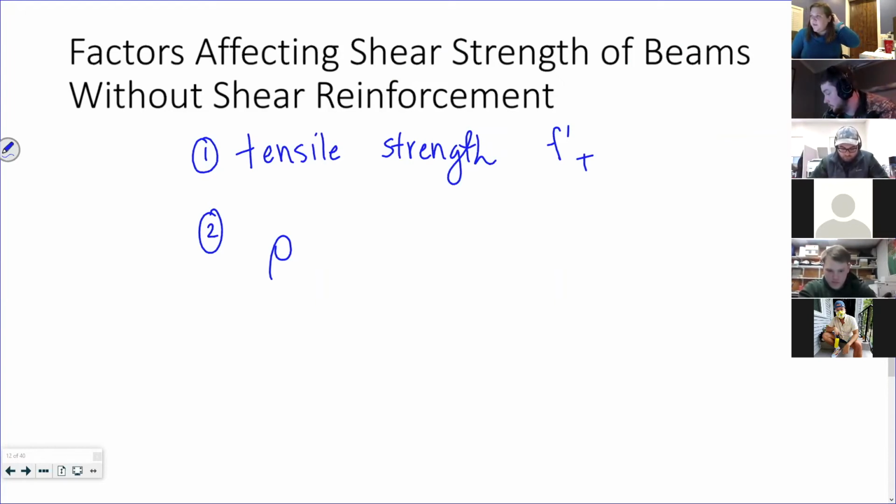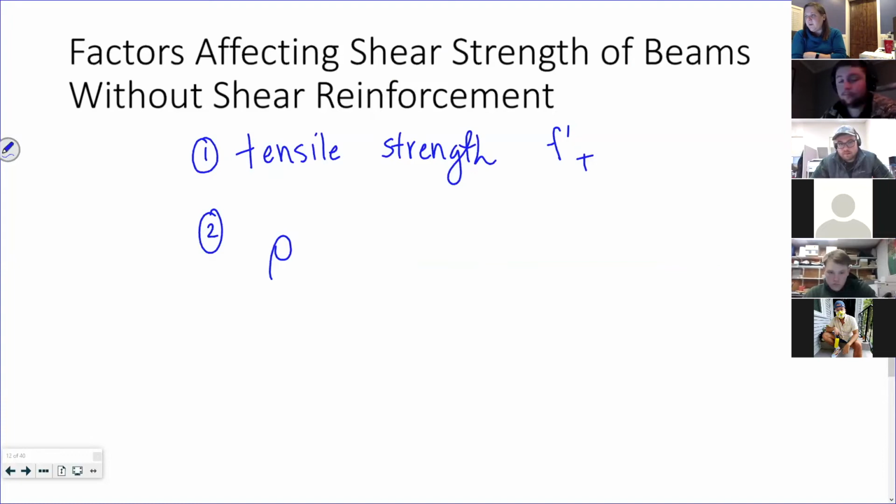So what we've talked about so far is the mechanics of why we need reinforcement, right? And how it fails. The big takeaways are shear cracks are going to be inclined because of the added shear stress in there. And then incorporating reinforcement to go across those cracks.